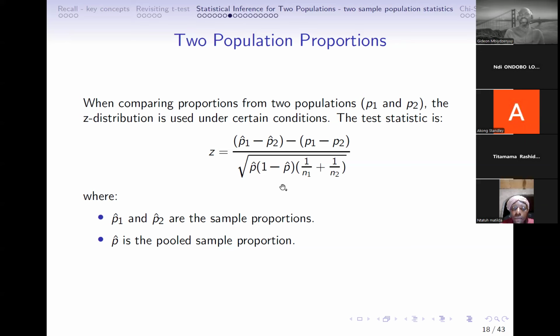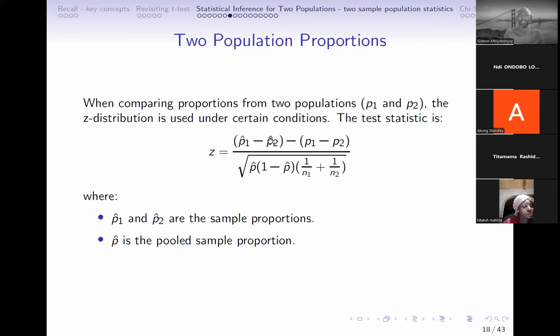The Z statistic here, in case of two populations, all I can say is that the formula is expanded, but you need to also see that this is a logical expansion of the first formula, except that we are dealing with two samples. So you can see here that we have P1, which is the proportion in our first sample, and P2, which is a proportion with a hat.